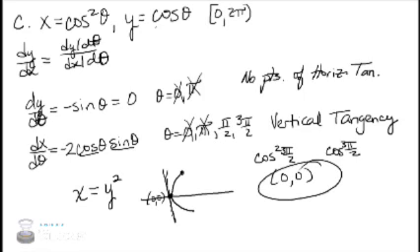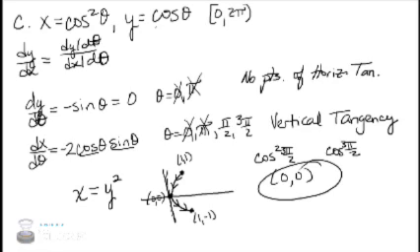What you'll see is that this is actually the part of the parabola that goes from 1, 1 down to 1, negative 1. And it just kind of keeps repeating. The orientation is this direction from 0 to pi.